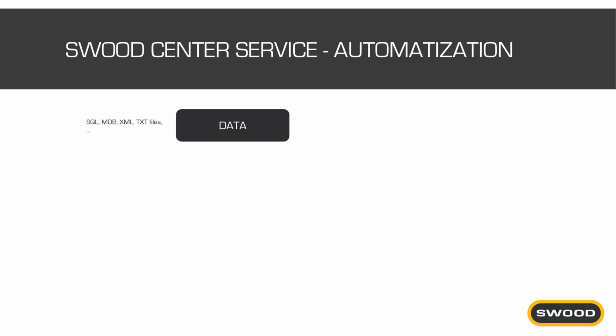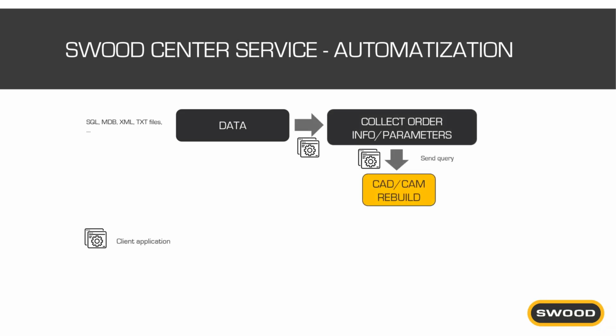If you have, for example, all the orders from a sales person or for a week of production saved in a data file like a database, SQL or Access, or maybe even in a simple file like XML, TXT, CSV, or Excel file, we will be able, by using a client application, to collect the orders info and parameters, and to directly use the SWOOD Center service to send the query to the different models, and just like that, rebuild the CAD and the CAM functions we have on the models.